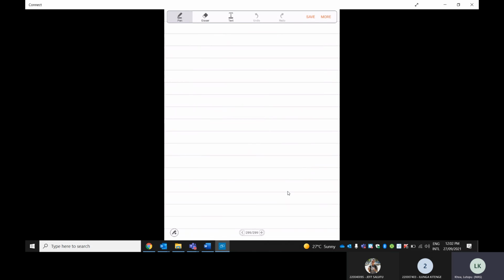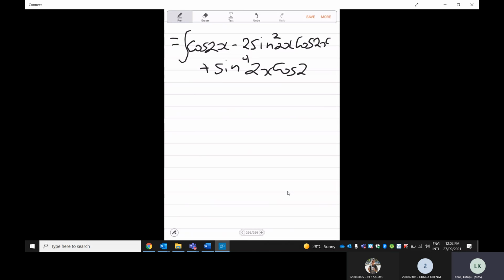So when we multiply out the brackets, we have cos 2x minus 2 sine squared 2x cos 2x, and then we have sine to the power of 4 of 2x cos 2x.